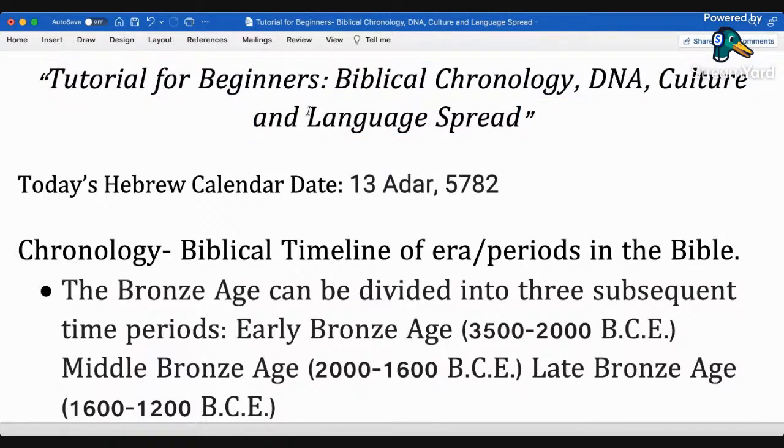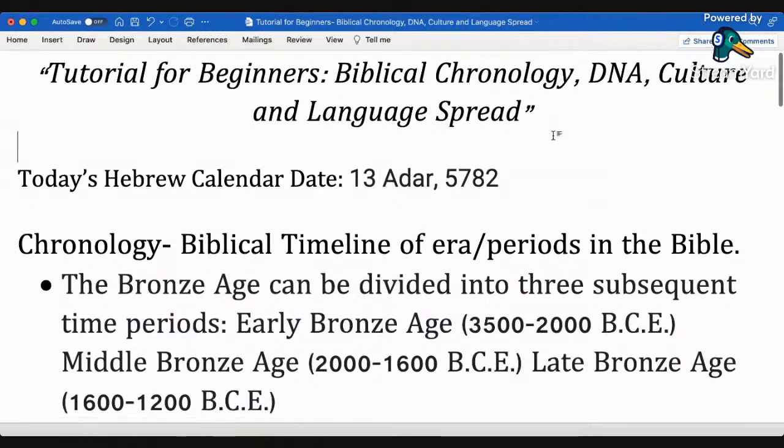This is Biblical DNA. Today, the topic is Tutorial for Beginners, Biblical Chronology, DNA, Culture, and Language Spread. Today's Hebrew calendar date is the 13th of Adar, year 5782.